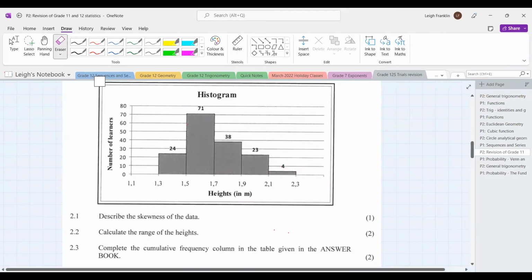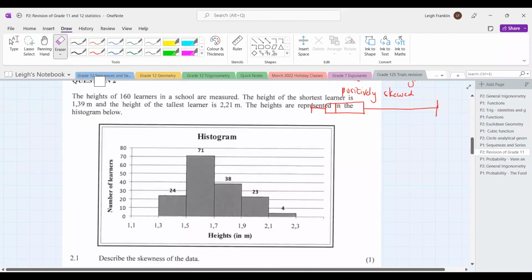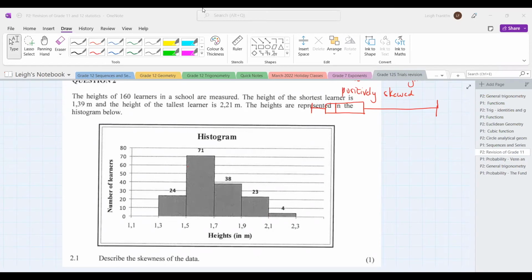I'll go back up to the information that was given to us. Can anybody tell me how we would calculate the range? Exactly. So the maximum minus the minimum.